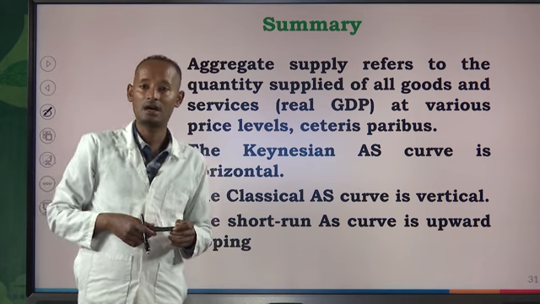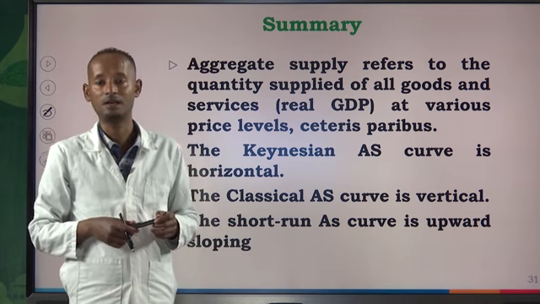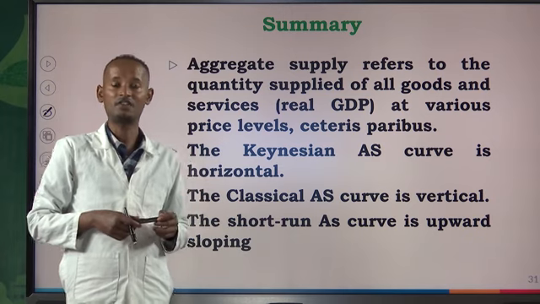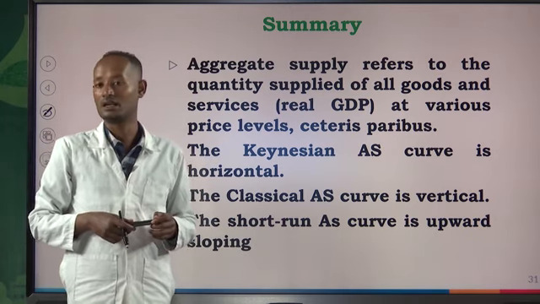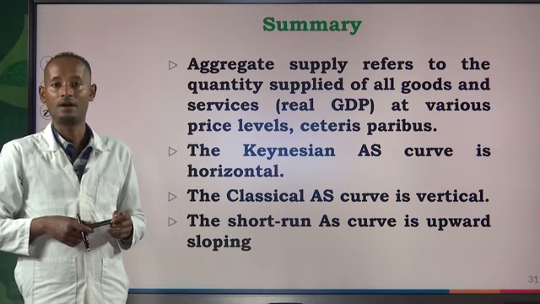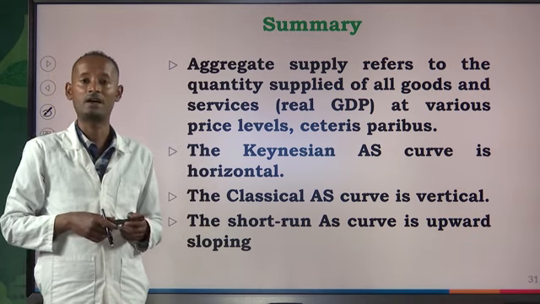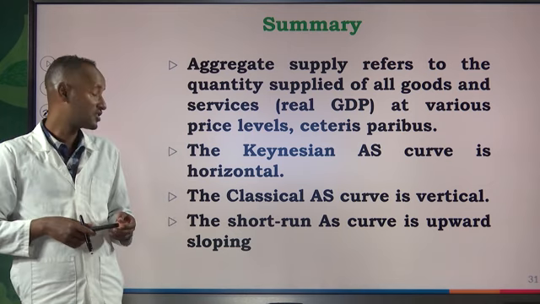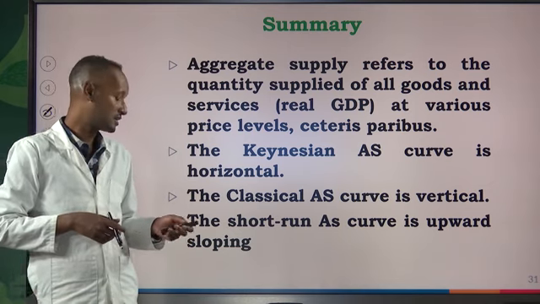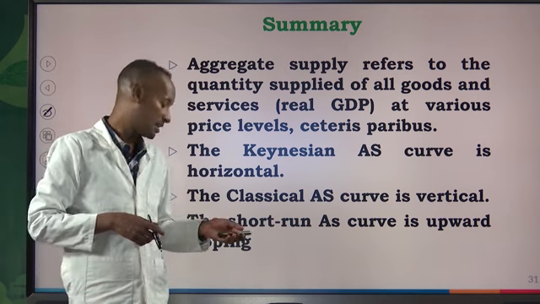The classical aggregate supply curve is vertical, and it indicates that a fixed amount of a product is supplied regardless of changes in the general price level, and the short-run aggregate supply curve is upward sloping. That is, there is a direct relationship between general price and the real GDP quantity supplied.